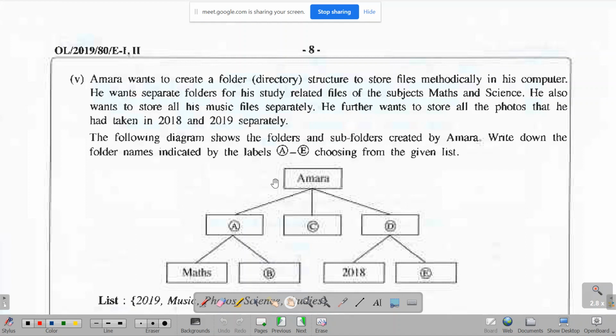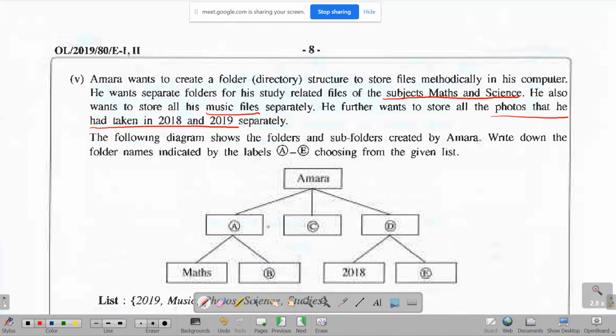So the subjects are being divided over here, music files need to be kept separately, and photos that he had taken in 2018 and 2019 separately. So it's a simple structure that they have given over here, right?